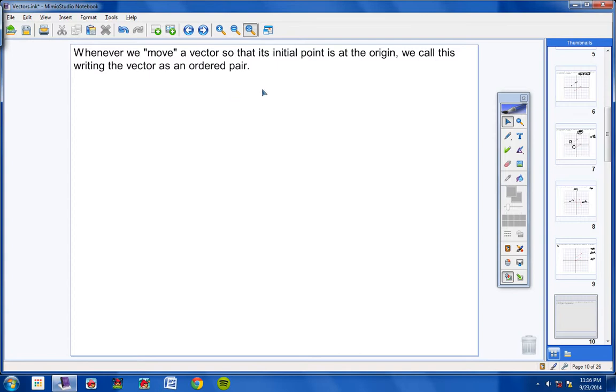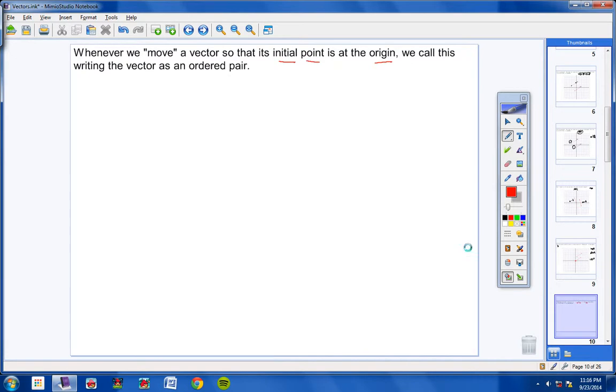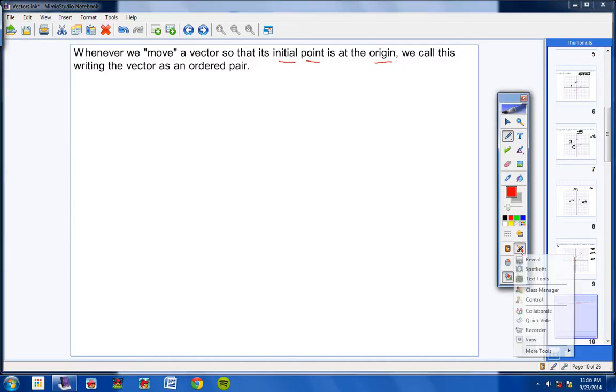Whenever we move a vector so that its initial point is at the origin, like we did back here, here's the initial point right at the origin, 0, 0, whenever we do that, we call this writing the vector as an ordered pair.